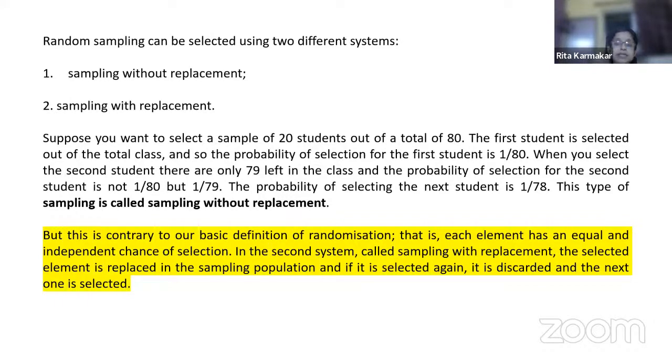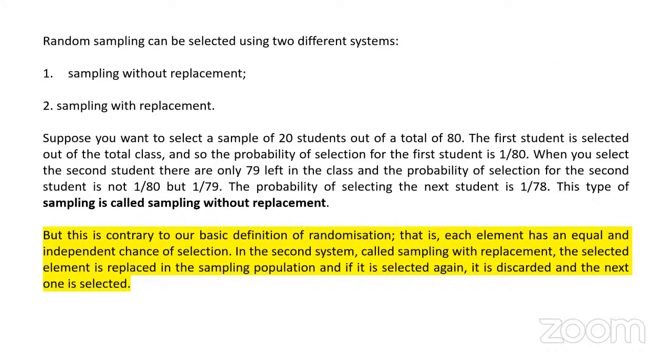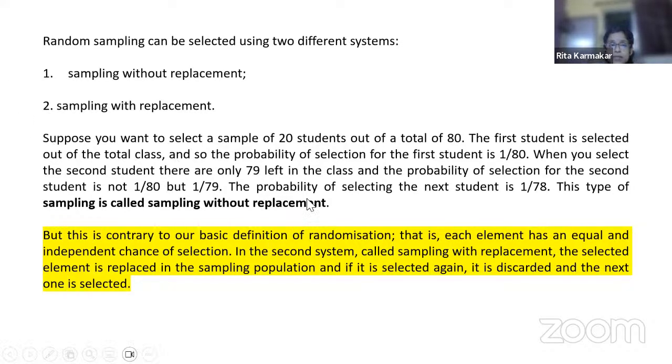If you just read this first paragraph, you can tell me what it is, if you understood it. This is about SRS, simple random sampling without replacement. If you read this paragraph, you can see my cursor over here. Can you tell me what it is?